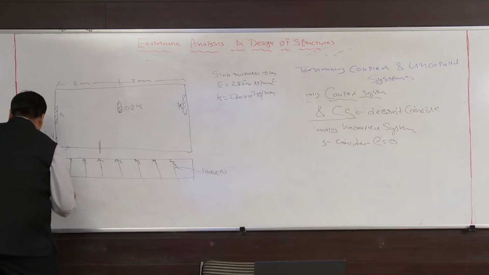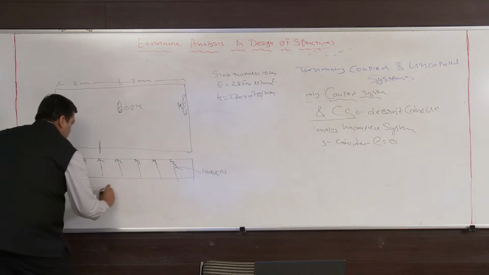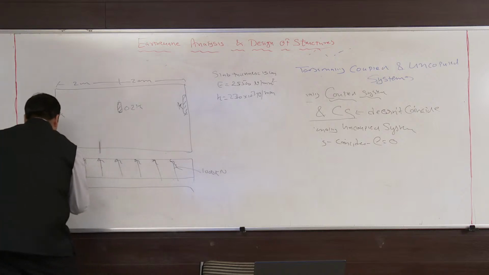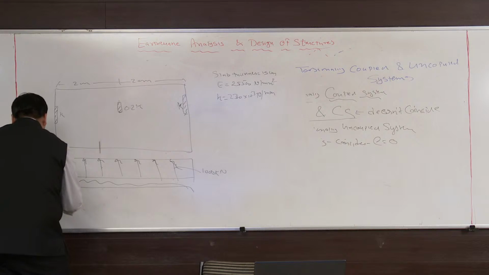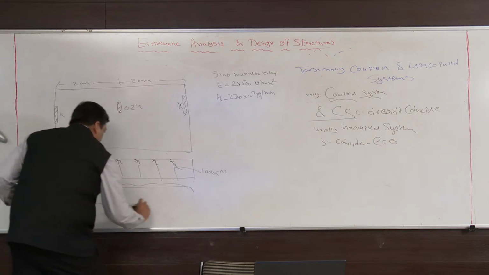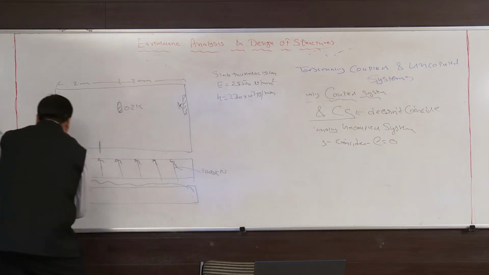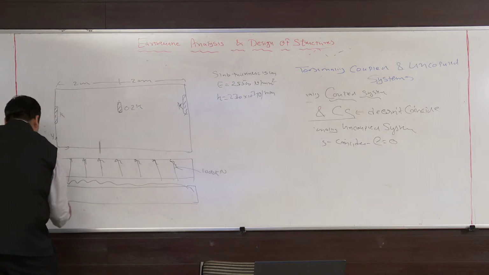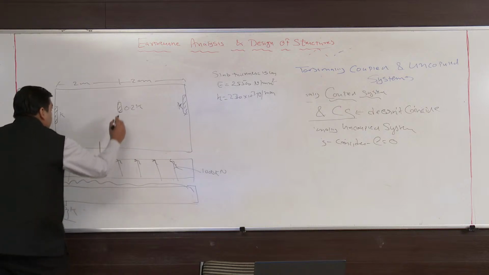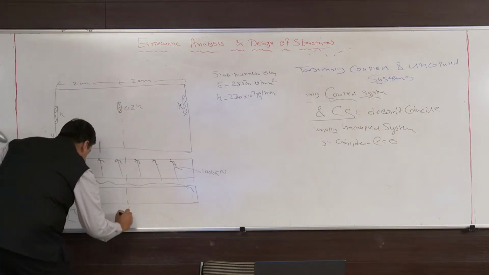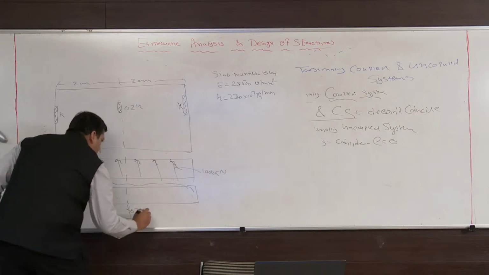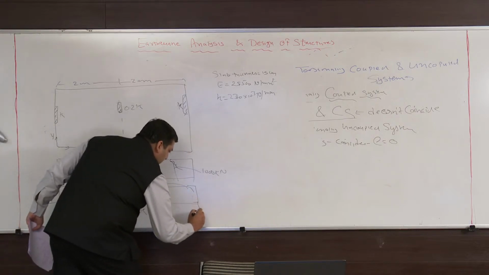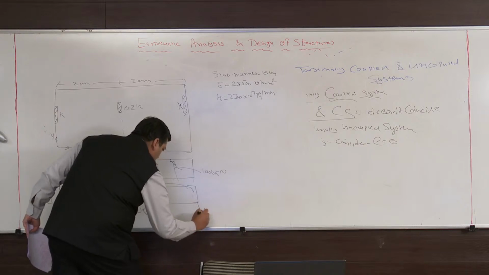If we take this section, this is B, this is stiffness K, 0.2 K, and again this is K.